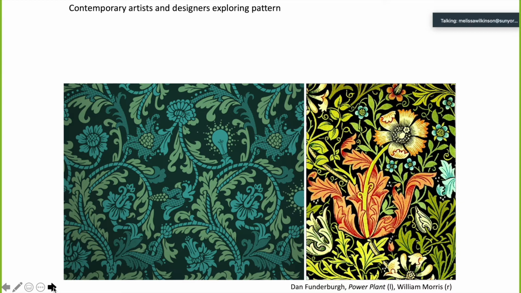A very famous artist from the 19th century, a watercolorist and a pattern design maker who did textile design as well as wallpaper, was a guy named William Morris. And what Dan Funderburg does is work in the style of William Morris. However, he changes them to read much more contemporarily relevant.